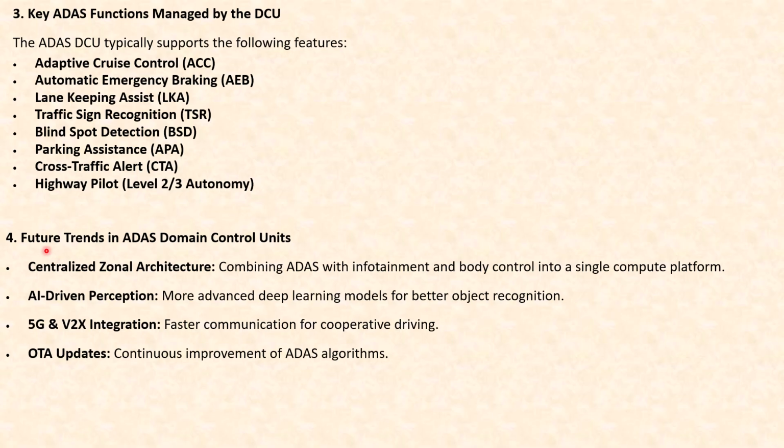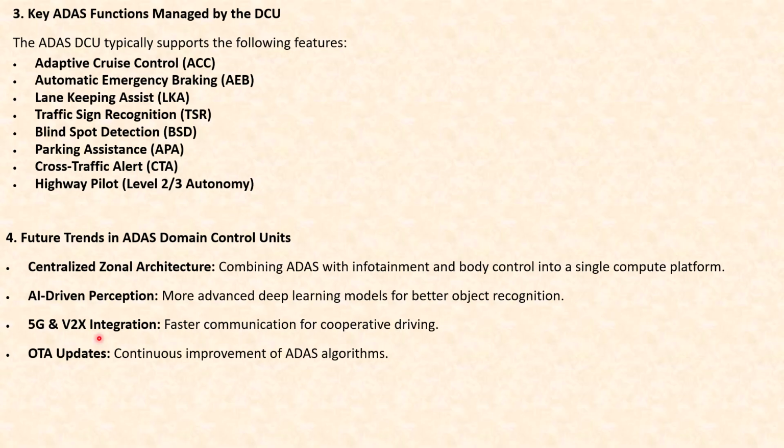Alright, next comes the future trends in the ADAS domain control units. Centralized zone architecture combining ADAS with infotainment and body control into a single compute platform. AI driven perception, the more advanced deep learning models for better object recognition. These are all the various types of trends that are slowly making foray into the ADAS domains.